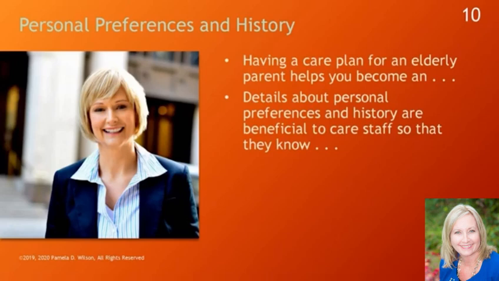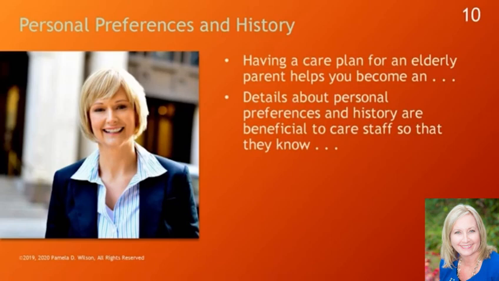The details you provide from this document help the staff know and understand likes, dislikes, and preferences for care that they would have no way of knowing about. Having this document is especially important if you're not around, if your elderly parent doesn't feel well, or if there's nobody to answer questions.